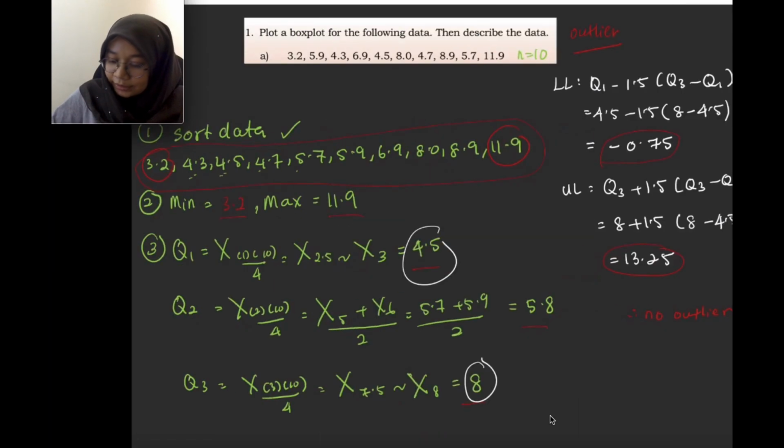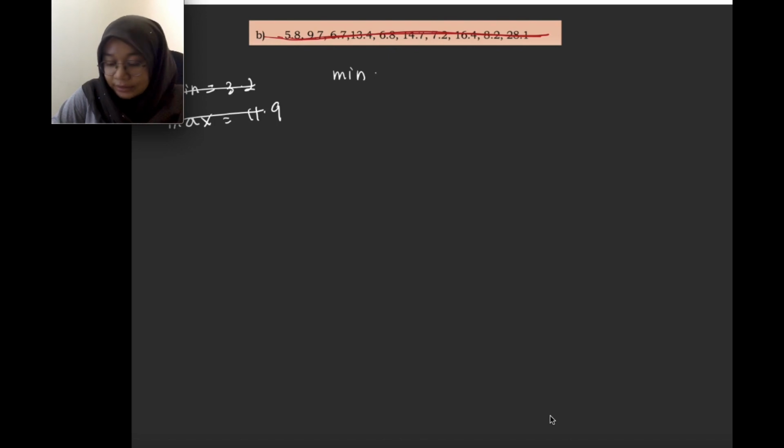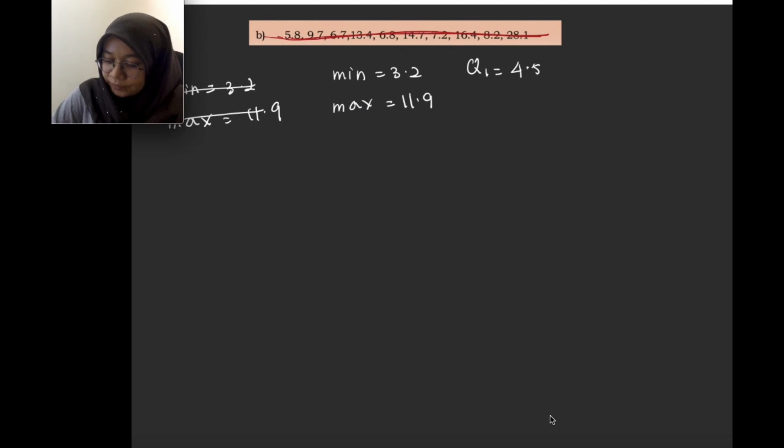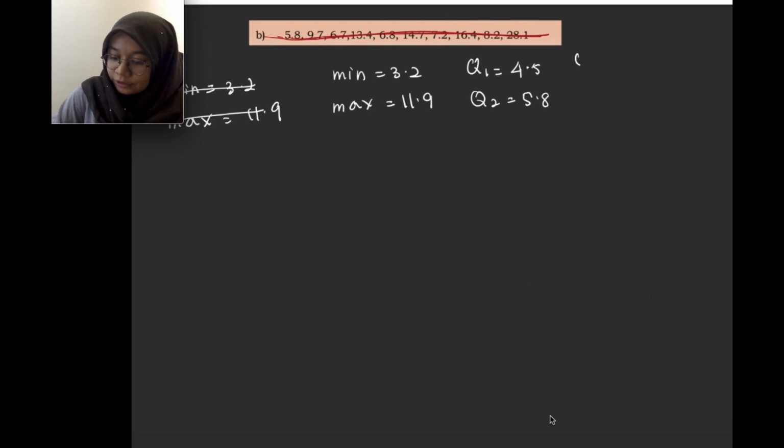From this you have minimum and maximum. Minimum is 3.2, maximum is 11.9. Q1 is 4.5. Q2 is 5.8. Q3 is 8.